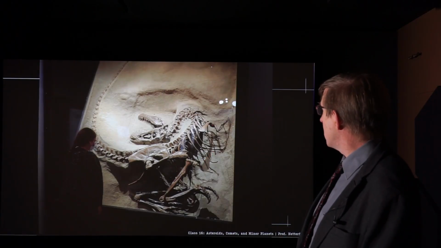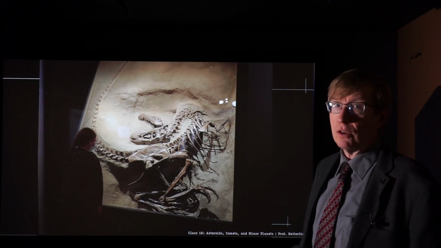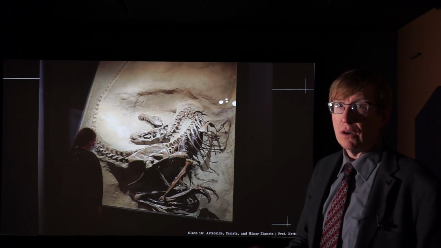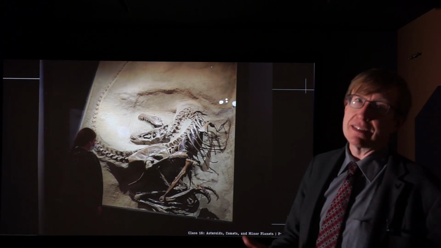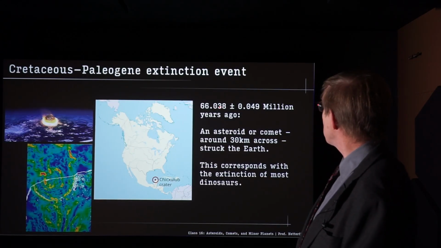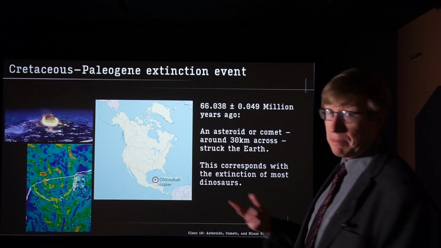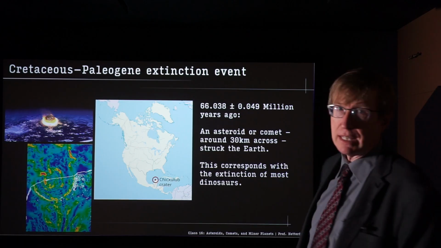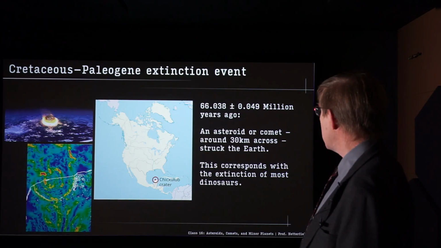About 60 million years ago, the dinosaurs, which had been the dominant large life form on Earth for millions of years, all died out. All very, very suddenly. What happened to them? Well, it's the topic of this lecture, isn't it? 66.038 plus or minus 0.049 million years ago, an asteroid, or maybe a comet, something large, around 30 kilometers across, like the size of Eros that we talked about before, struck the Earth down in here.